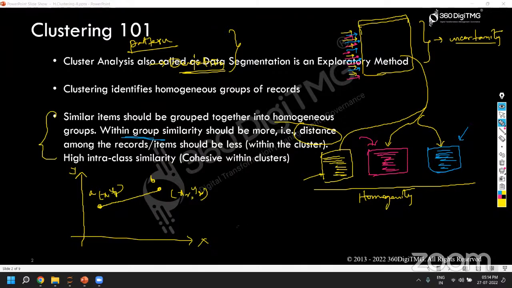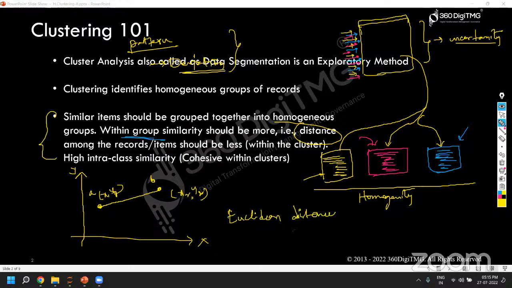Here we have the distance measure from your trigonometry. You can talk about the Pythagoras theorem. It talks about a square plus b square is equal to c square logic. Using that, we will try to identify the distance formula. It is also called the Euclidean distance method.